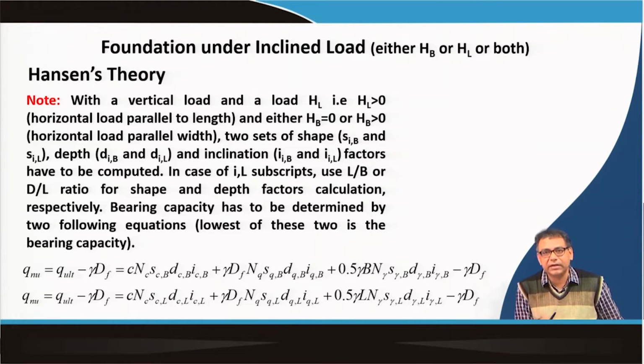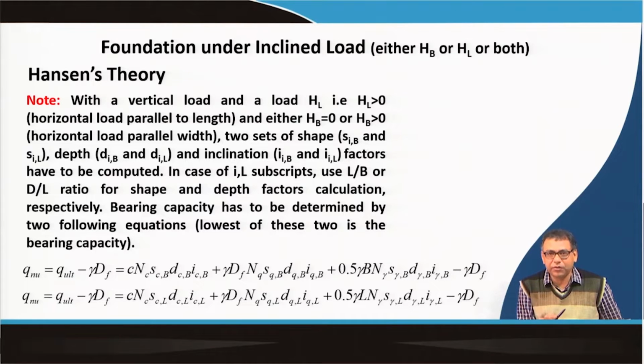In such a case we can use the Hansen theory and the basic theory. The basic theory is straightforward, not much modification is required, but for the Hansen theory we have to make a few modifications, as we proposed in previous lectures.